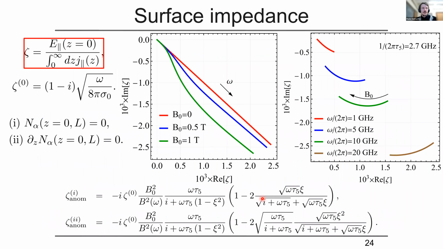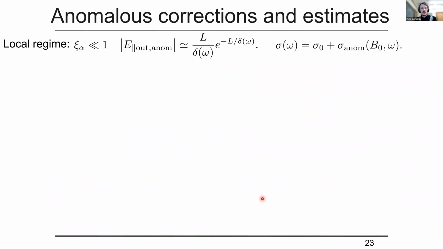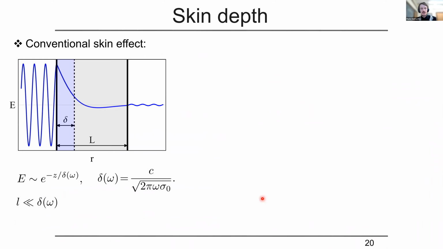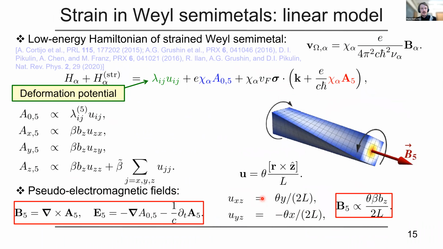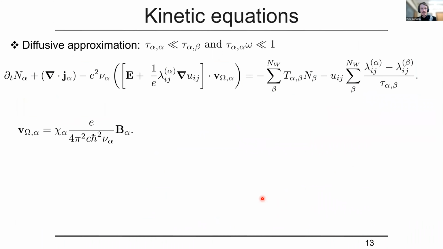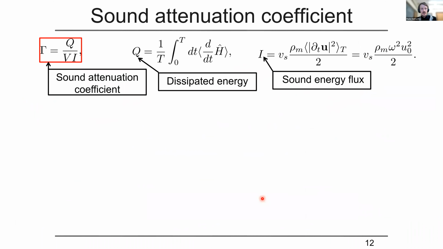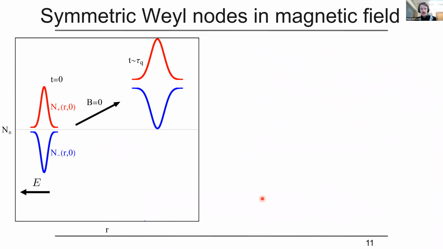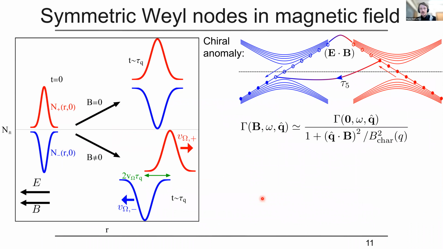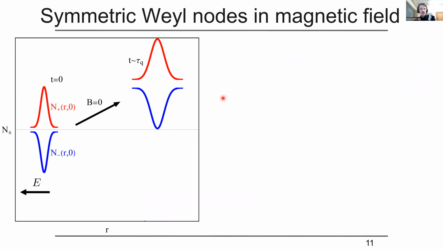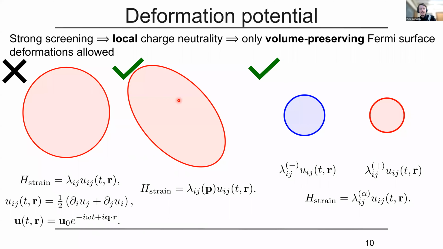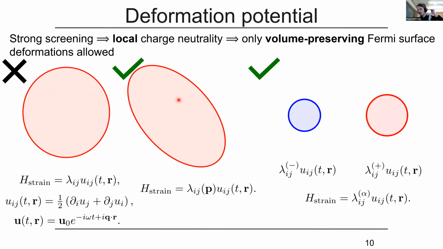Well, actually, I would say I'm not assuming that Weyl points are on the Fermi level. That's actually one of the points of the sound attenuation part. Here this cartoon assumes that there is this level, but by invoking these screening effects, I'm assuming that my Fermi level is actually quite above the Weyl points.